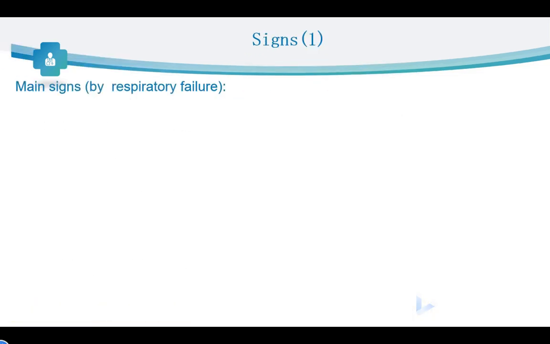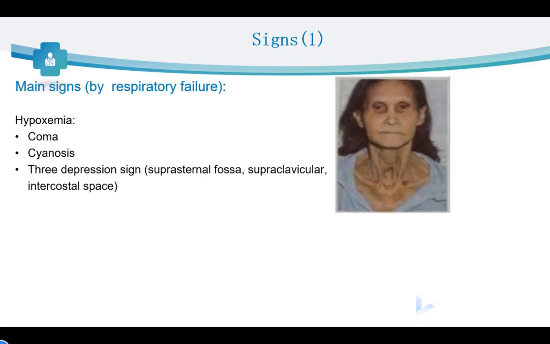About the signs, they can also be divided into two groups. The first group is caused by the respiratory failure. For patients with hypoxia, we usually can find coma in patients with severe hypoxia, cyanosis in the lips or fingers, and the three depression sign.